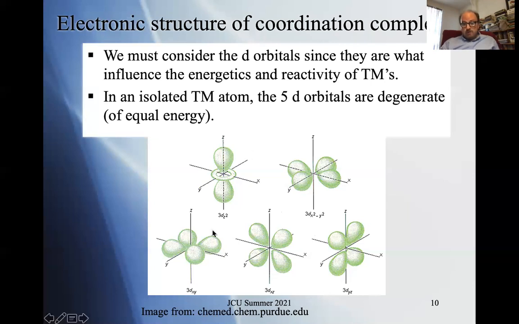One way to remember this is that a subscript with a square is on axis, and a subscript without a square is not. So z squared and x squared minus y squared are on axis, and xy, xz, yz are in between the axes.